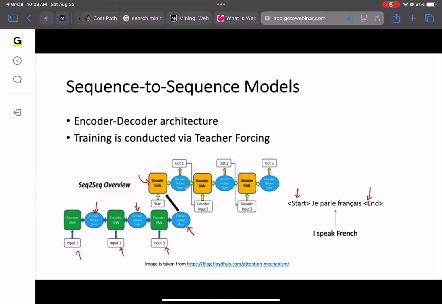Once we do that, in the first timestamp we have a decoder hidden state, and that is generated with the help of the decoder RNN. Once this is generated, we use this to generate our first output word. Once again, this is not exactly an output word that is generated. We typically get a probability distribution here. This decoder hidden state is used to generate a probability distribution over the entire output vocab.